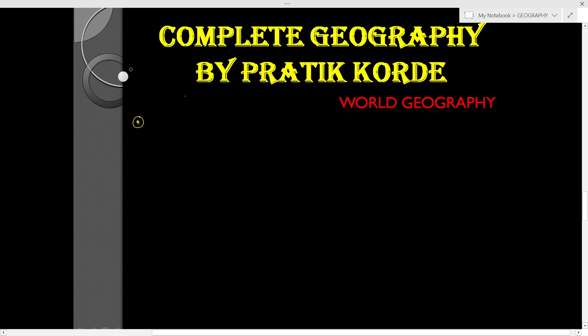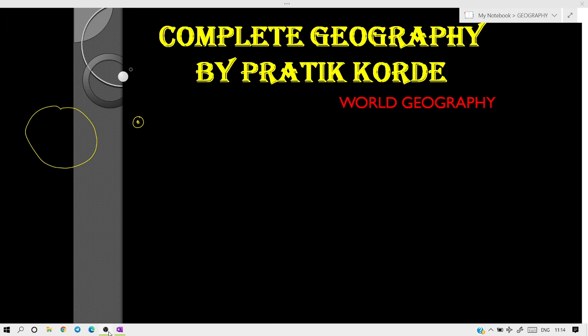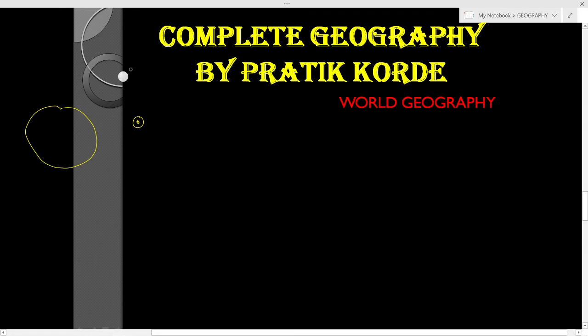Now we see that if this is our Earth, we'll discuss the difference between latitude and longitude. Before that, you have to remember that this is 23 and a half in the northern hemisphere, 23 and a half in the southern hemisphere, and this is the tilted axis.